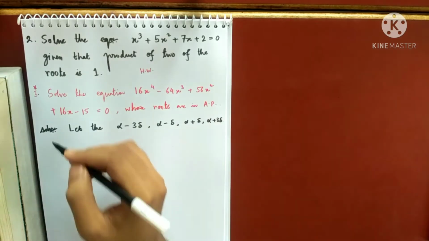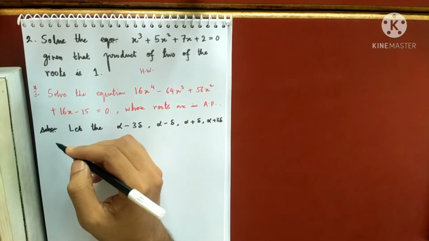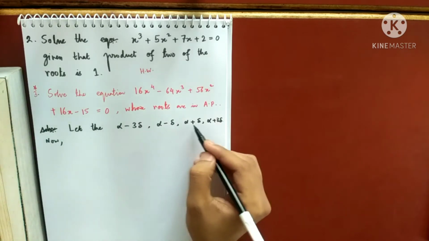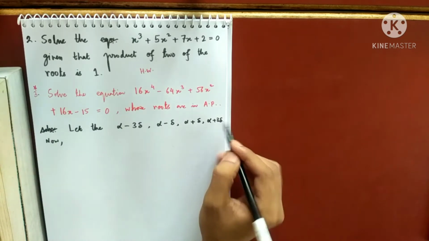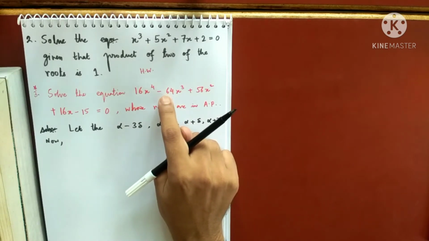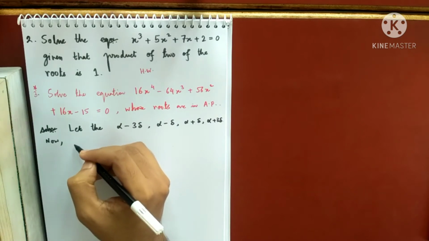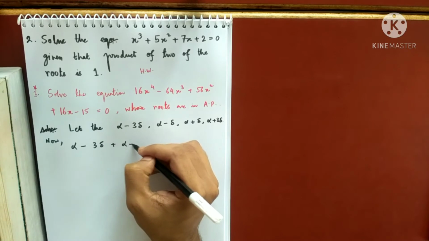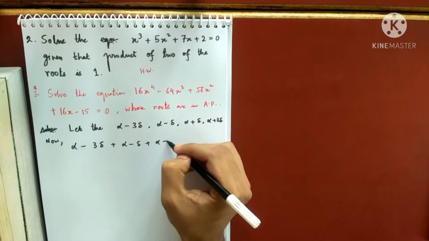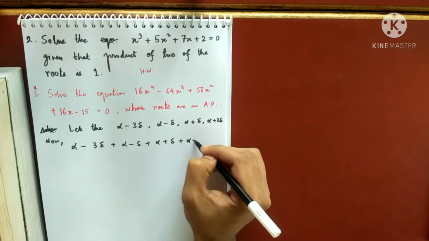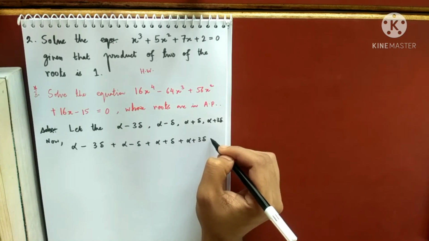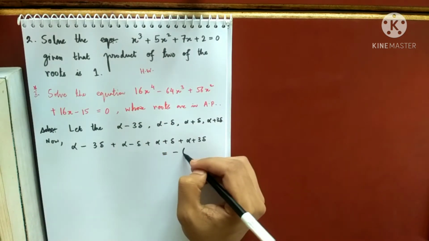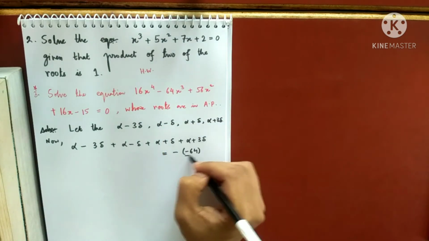So what was the first one? Alpha plus beta plus gamma plus delta. If I add all of them, I will get minus of minus 64 by 16. That is, alpha minus 3 delta plus alpha minus delta plus alpha plus delta plus alpha plus 3 delta will be equal to minus, and then minus 64 by 16.